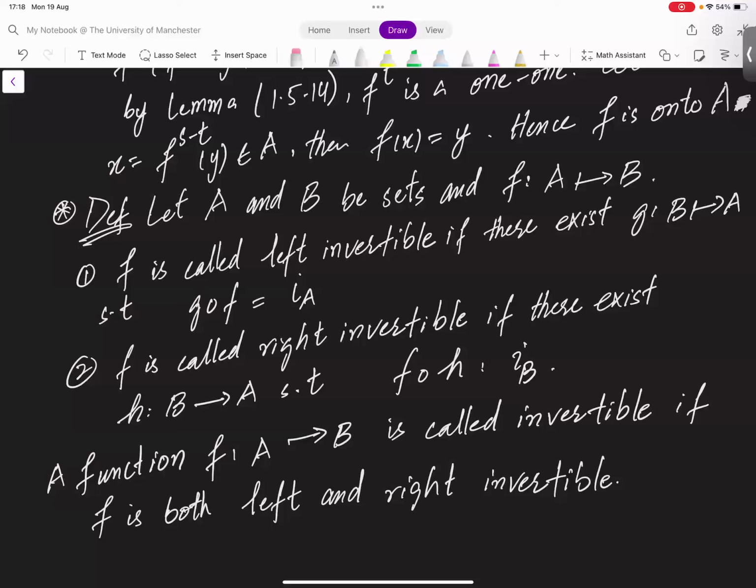Usually we talk about the invertible functions, but as you go deeper, you can talk about left invertible and right invertible functions. Perfect. Let's talk about an example.